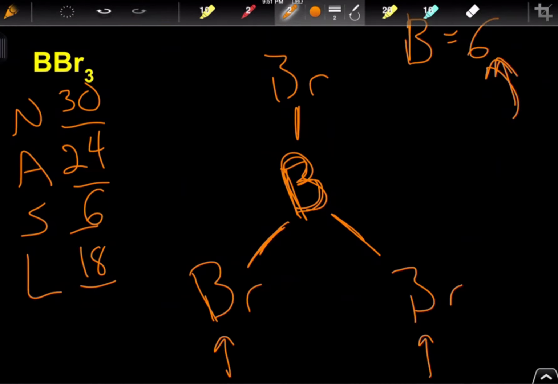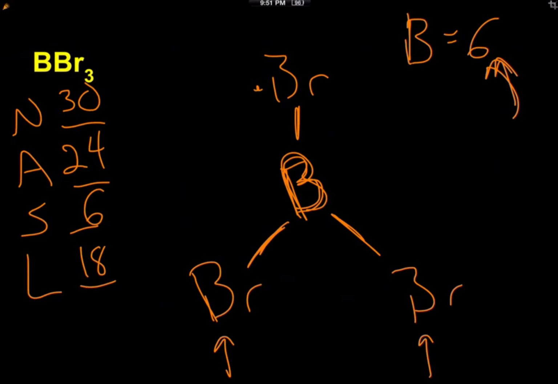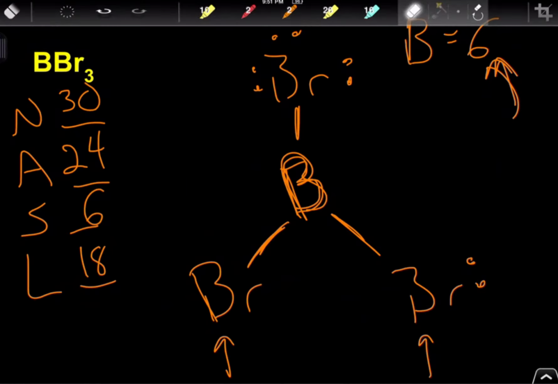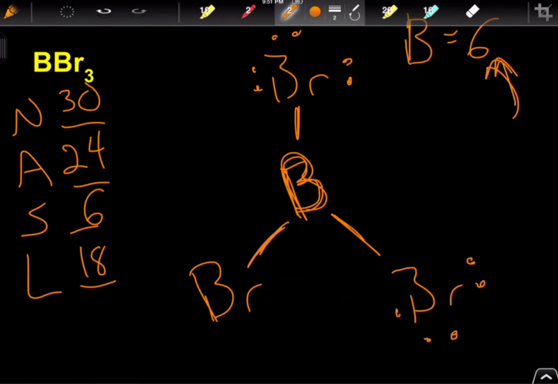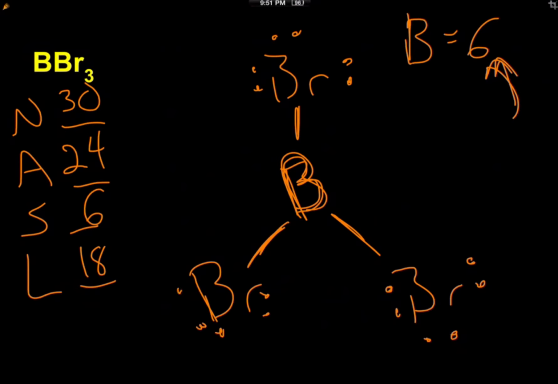So that means we're going to have 1, 2, 3, 4, 5, 6 electrons unbonded around each bromine, and that will give us the bromines each with 8 electrons connected. The boron has the 6 that it is happy with, so that gives us the complete Lewis structure.